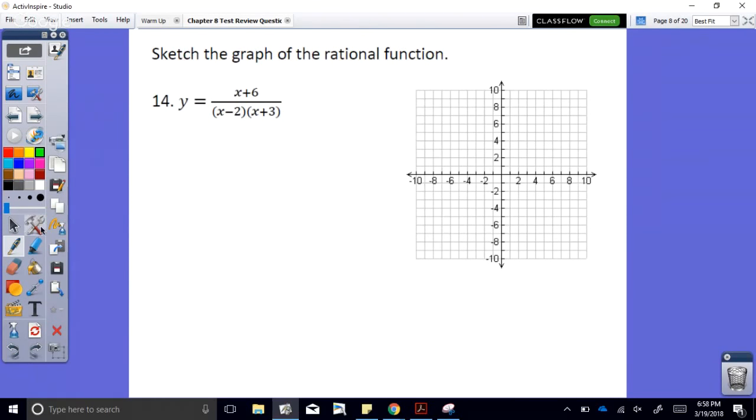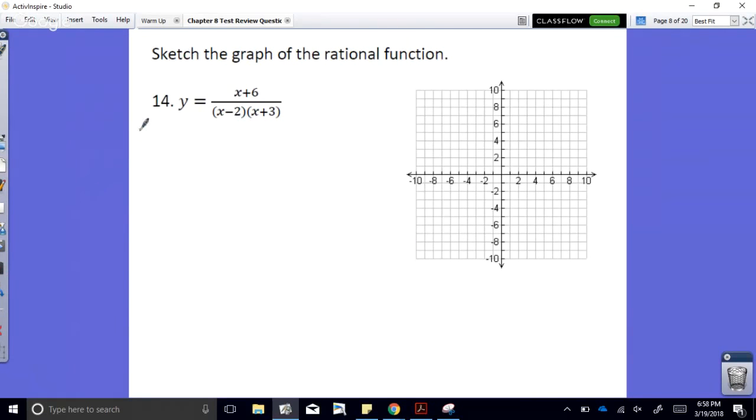All right, so 14, we're going to sketch the graph of each rational function. There are about 4 or 5 different things we're going to look at. The first thing we're going to look at is the discontinuity. So again, discontinuity comes from the denominator here. So the x minus 2 says we have discontinuity at x equals 2.